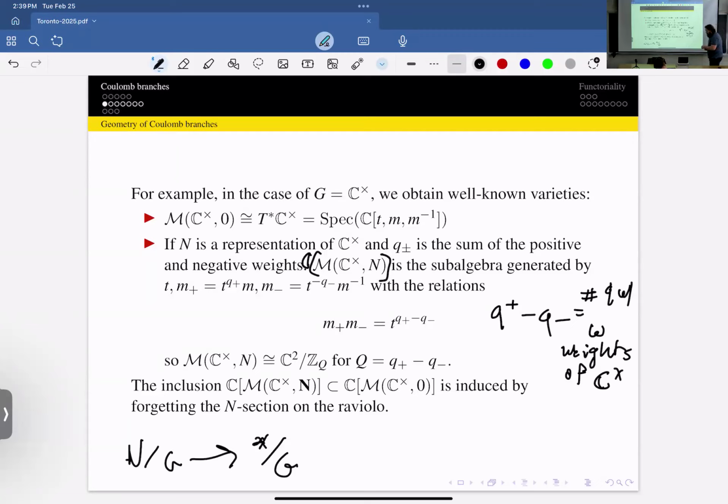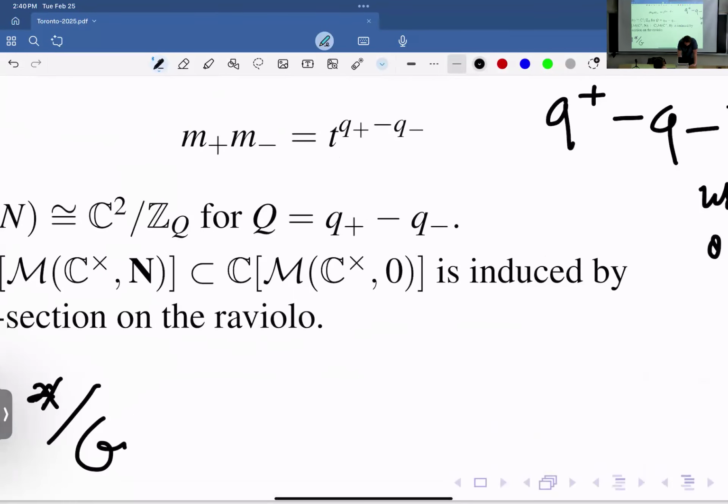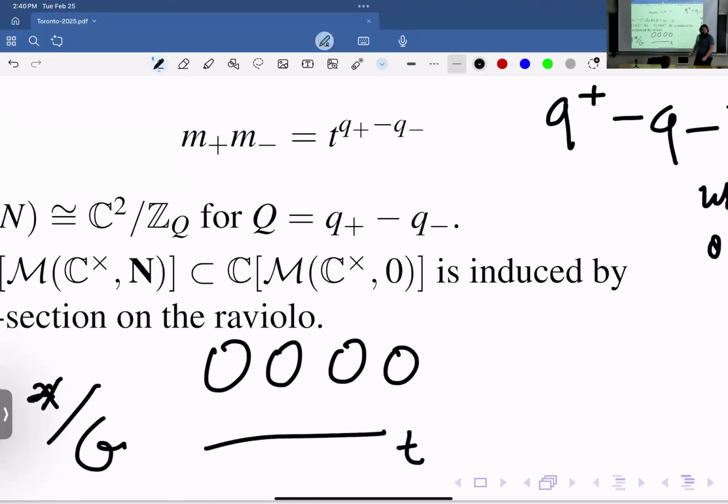And since it will be important later, let me zoom in. How does my space change? Before, I had my line with T being my variable, and the fiber over every point was a C star.